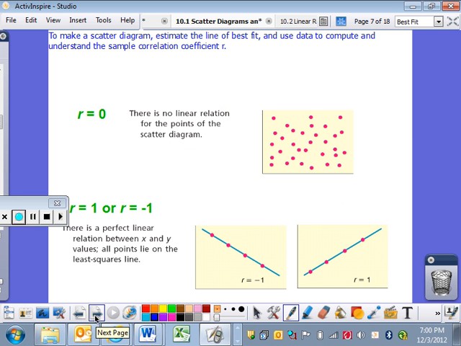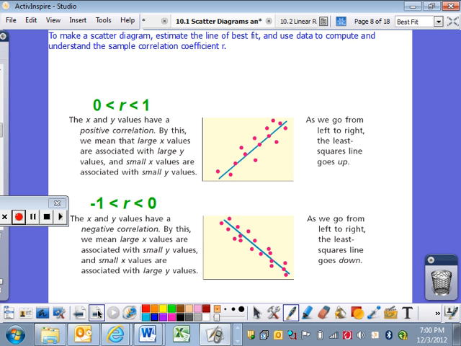Just a visual example: r equals 0, they're all over the place. If you get r equal 1 or r equal -1, -1 is perfect negative correlation. The closer you are to +1, the closer to perfect positive correlation it is. So when you see this number, you're going to be given an r value that might range anywhere from 0 to 1.